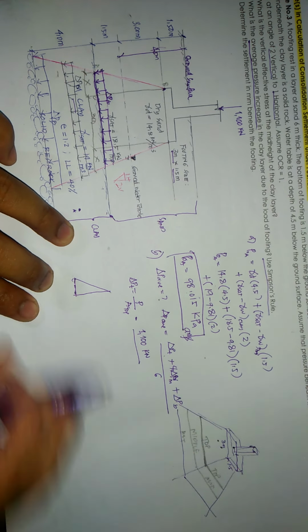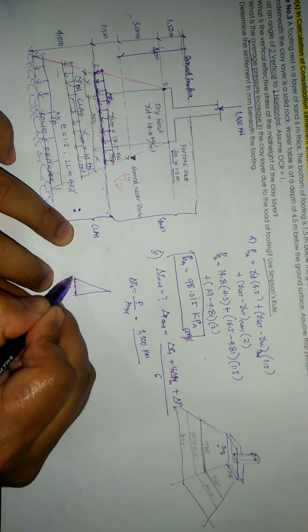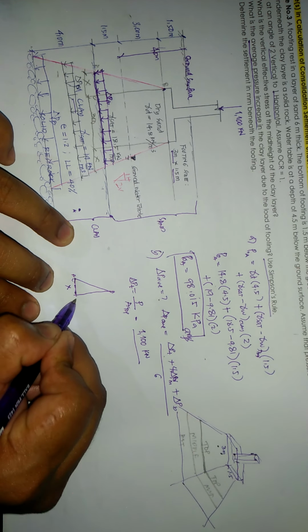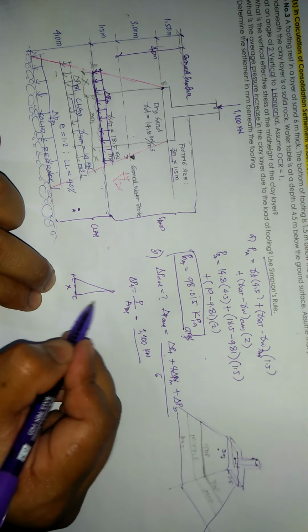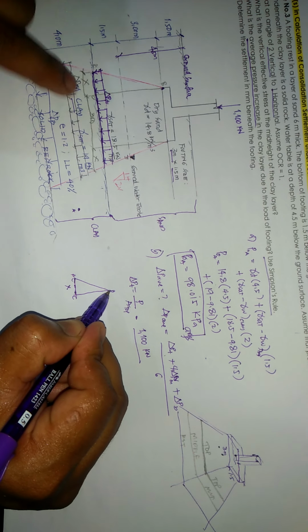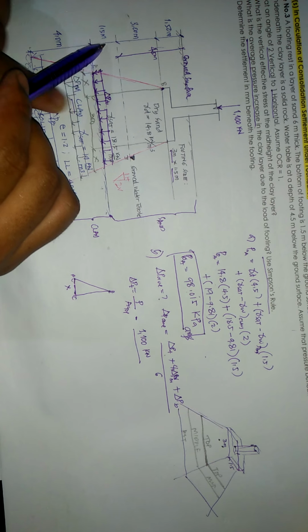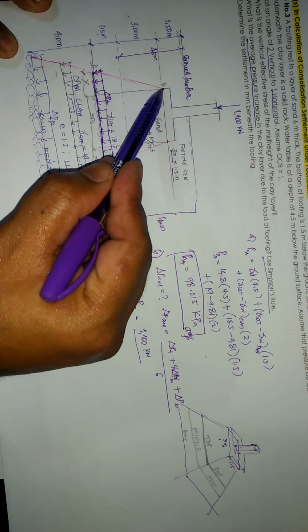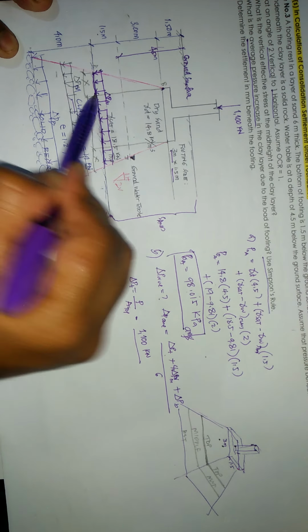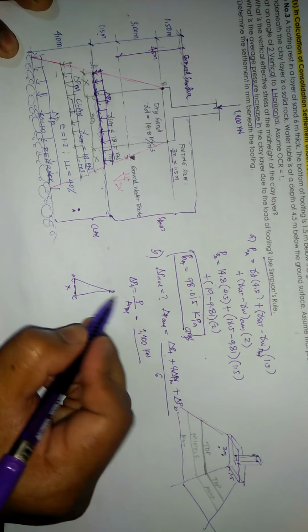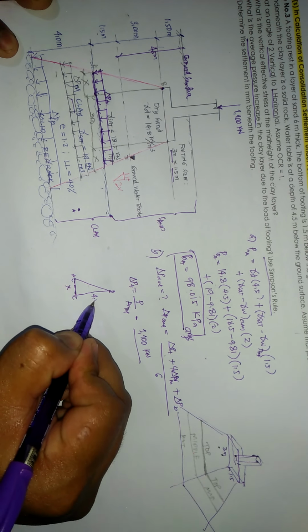It would be x, kasi A, B, C yan. X, tama? Times yung height mo dito from B to C, it would be 3 meters plus 1.5. Okay? From point B to point C, it would be 4.5.